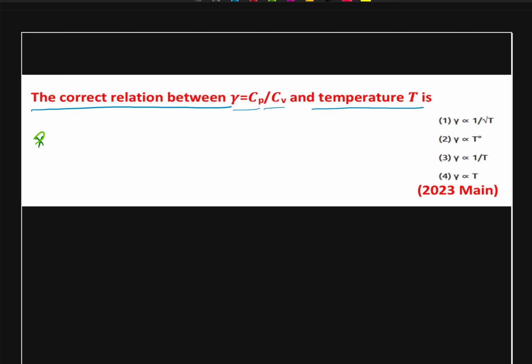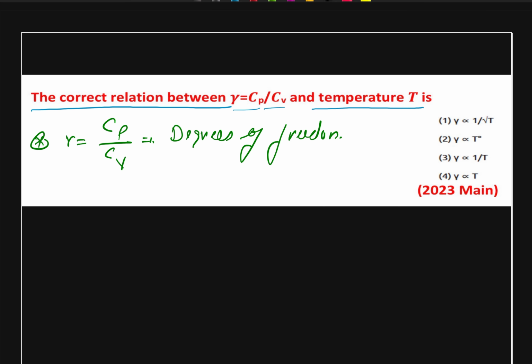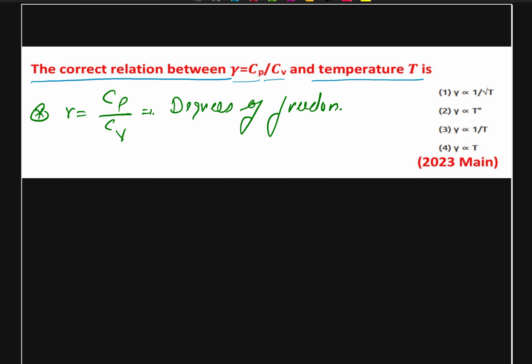For an ideal gas, the adiabatic ratio is equal to C of P to C of V, and this ratio is dependent upon degrees of freedom, not temperature.